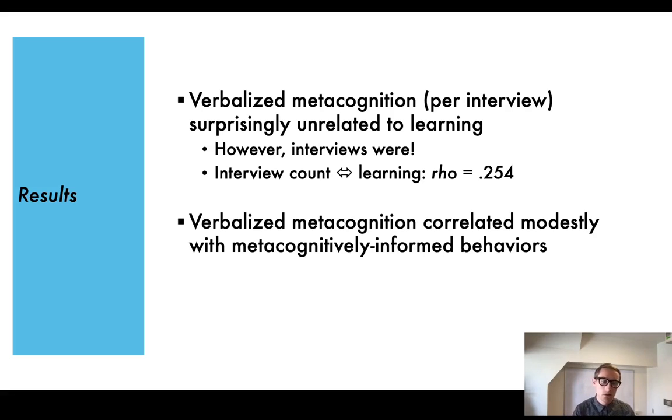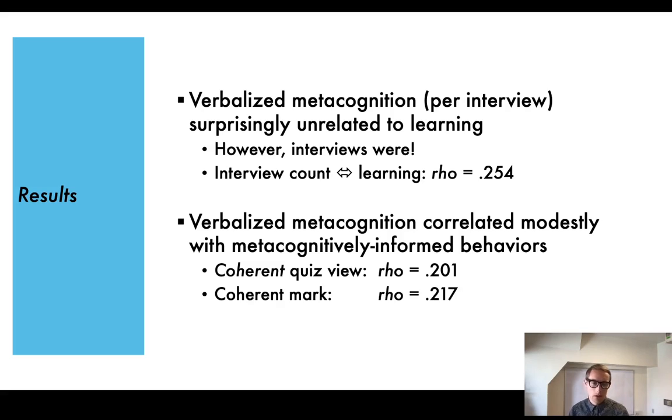However, the verbalized metacognition, the count of these kinds of statements per interview, did correlate modestly with some metacognitively informed behaviors. So coherent quiz view, for example, what that means is that a student viewed a quiz result in a way that was coherent, or in a way that made sense given their previous actions. And same thing for marking, which is a type of edit that they can make on their causal map.